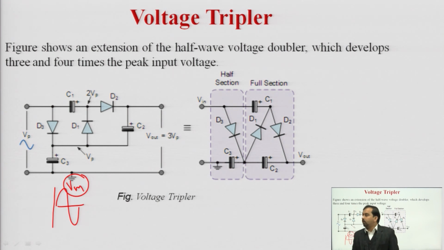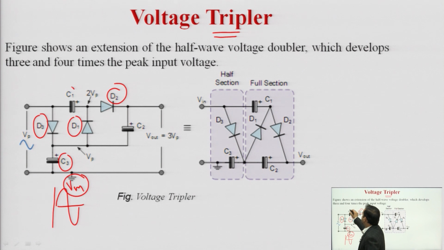For this particular circuit, for a tripler, we need 3 diodes as well as 3 capacitors. These are the 3 diodes and we have these capacitors, something like this.